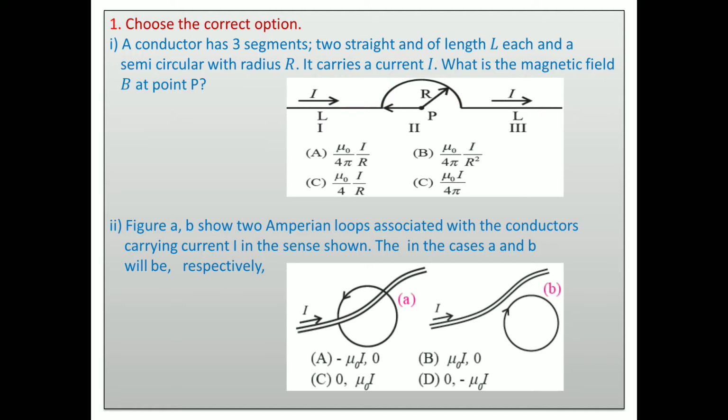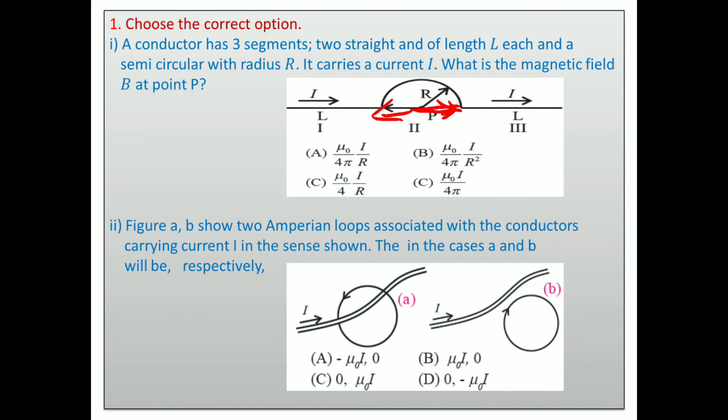Now look at the thing. Suppose we consider the first conductor. The first and third conductors have the same lengths and they carry the same current. But at point P, the current due to the first conductor is towards the right, and here the current is in this direction. Means the magnetic field due to the first conductor is towards the right, but the magnetic field due to the third conductor is in the opposite direction.